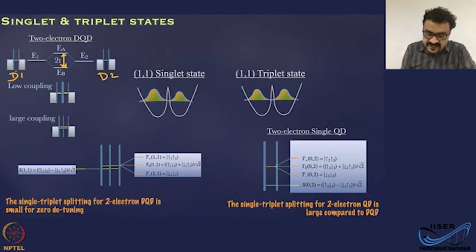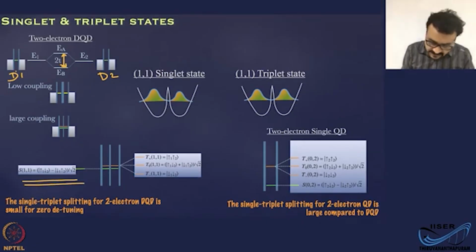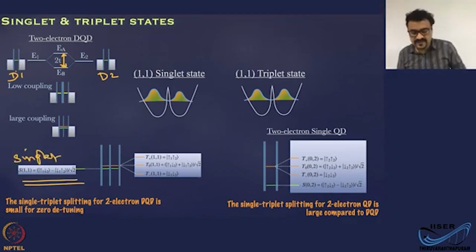You have a singlet state, which is given by the relation up down minus down up by root 2. Okay, this is a singlet state, up down minus down up. The singlet state, there is only one state. And you also have a symmetric state.